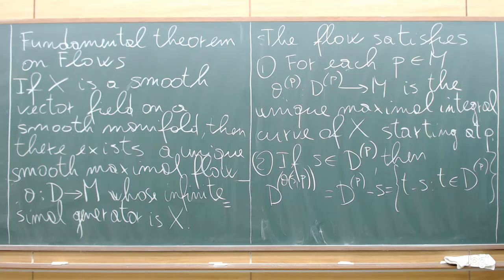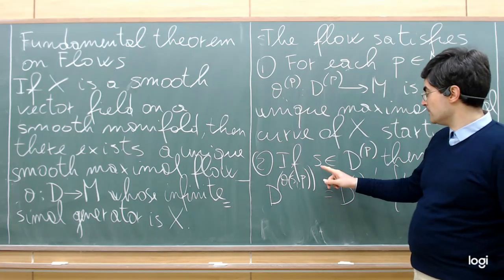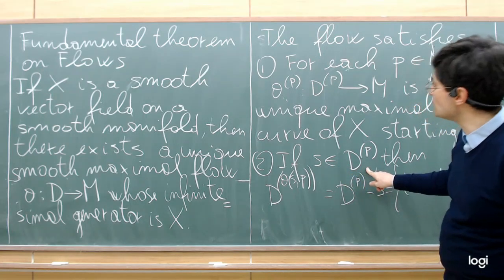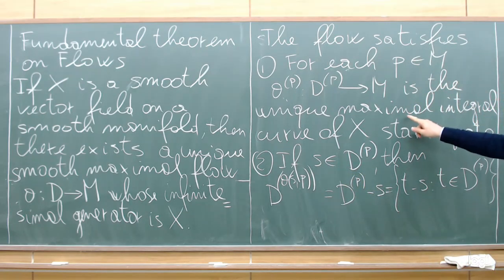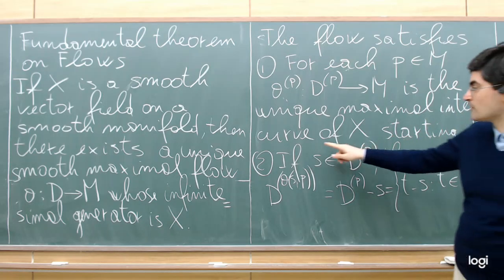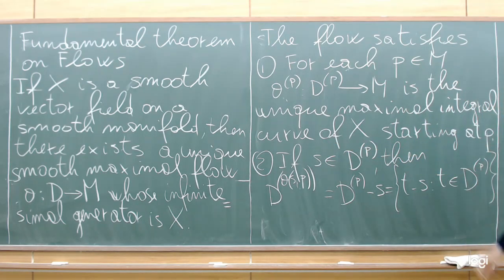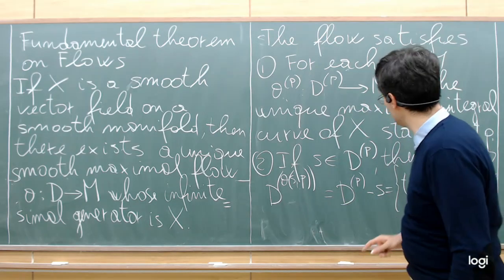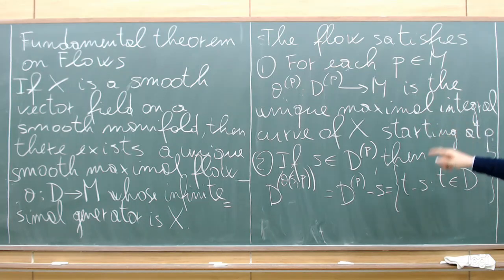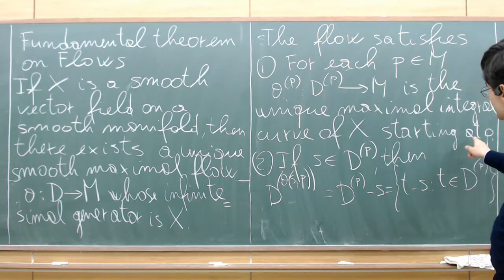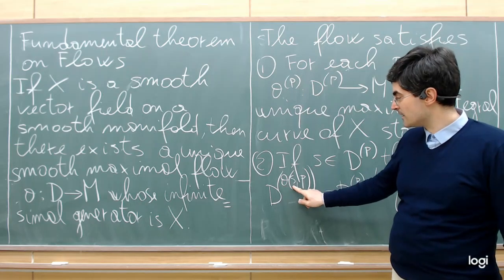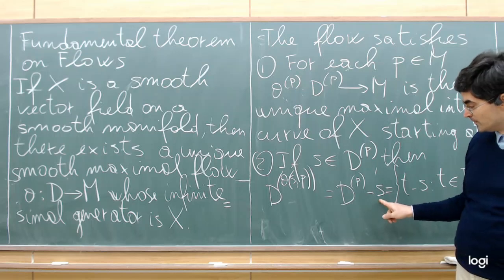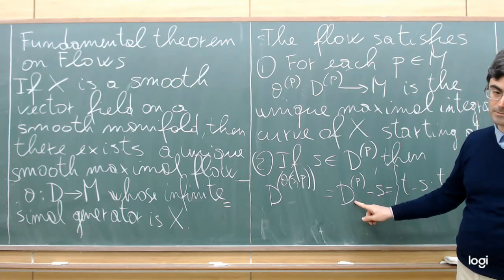This statement says that if s belongs to the interval of definition of the unique maximal integral curve starting at p, what is the interval of definition for the unique maximal integral curve of X starting at theta_s(p)? Simple. It is given by a translation by s of D_p.